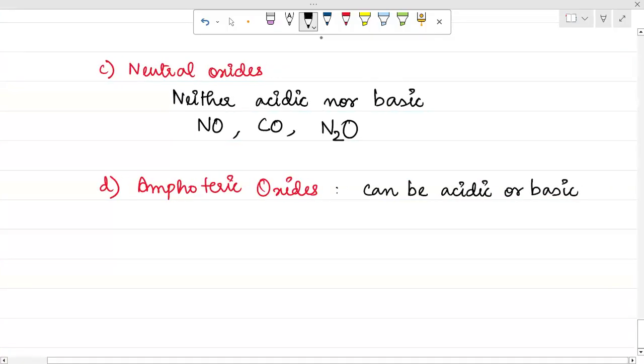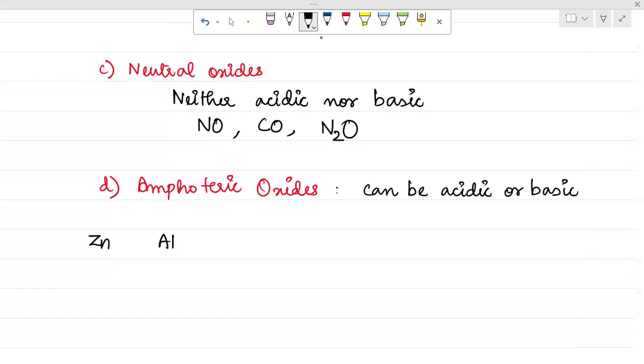You might get questions. Zinc, aluminium, beryllium, gallium, lead, tin, arsenic, antimony, bismuth, indium, germanium.